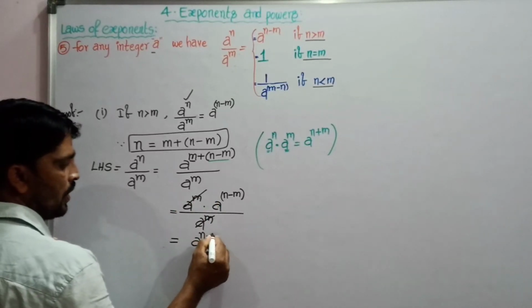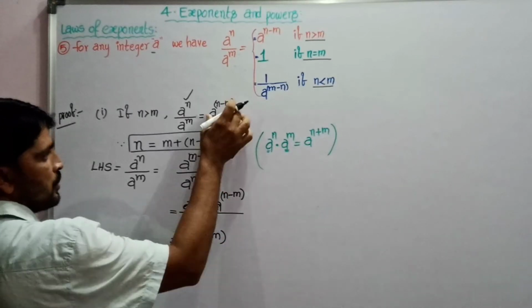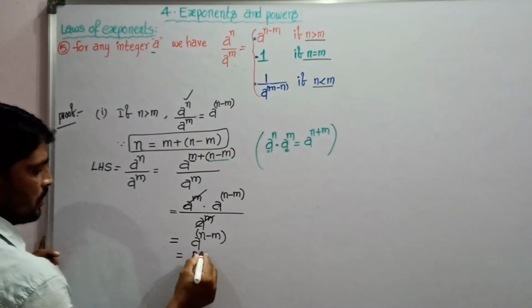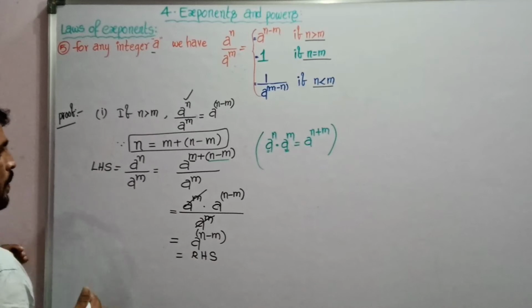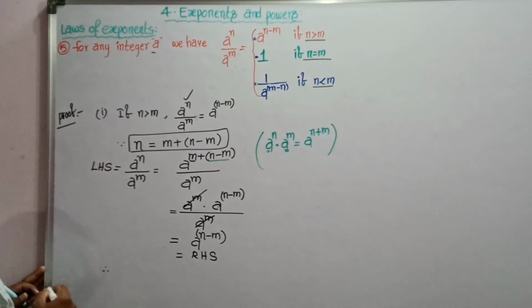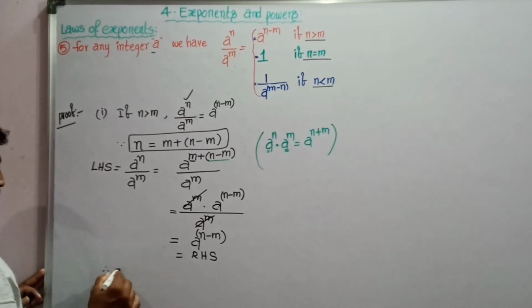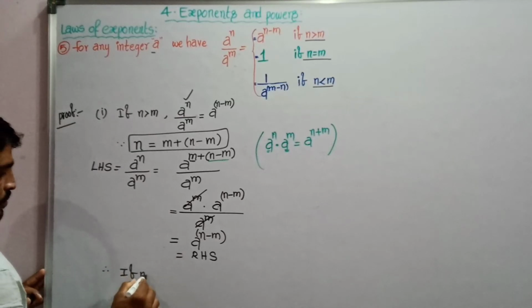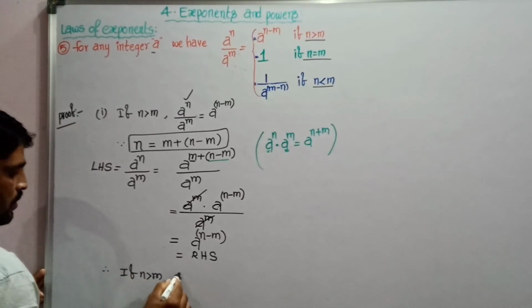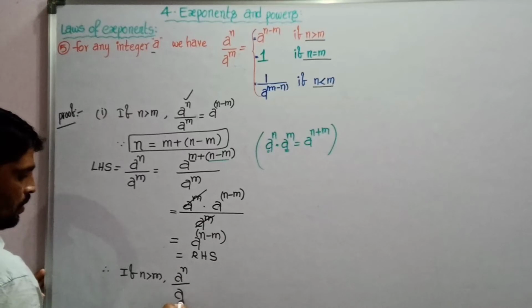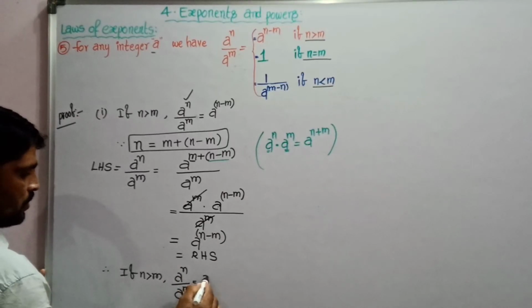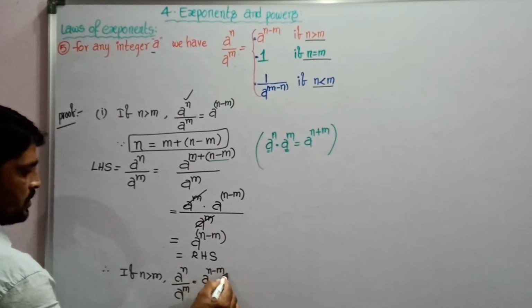We get a power n minus m, which is our RHS. Therefore, if n is greater than m, a power n by a power m equals a power n minus m.